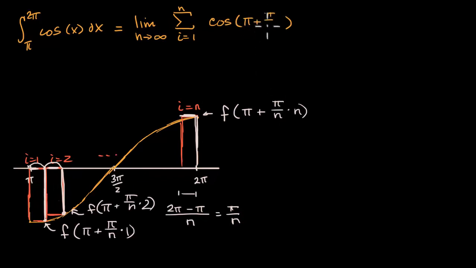Pi over n times i. And then that's the height of each of our rectangles. And then what's the width? Well, we already figured that out. Times pi over n. And if you want to be careful and make sure that this sigma notation applies to the whole thing, there you have it. We have just re-expressed this definite integral as the limit of a right Riemann sum.